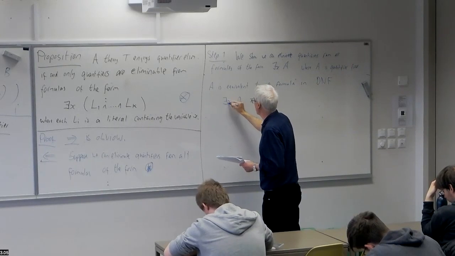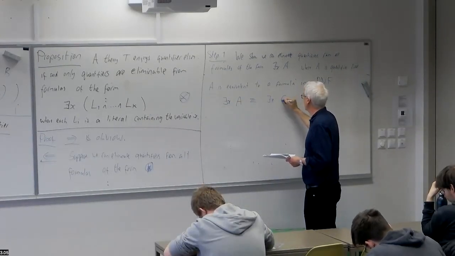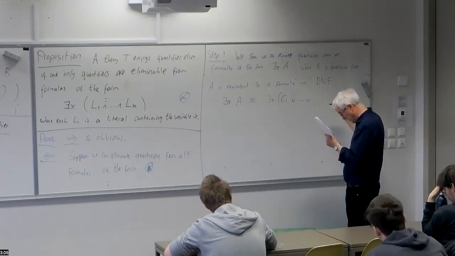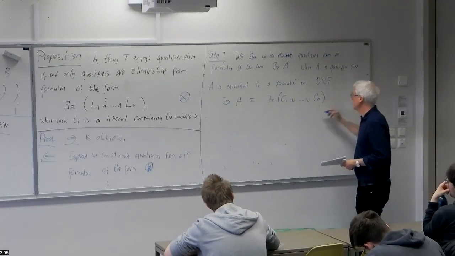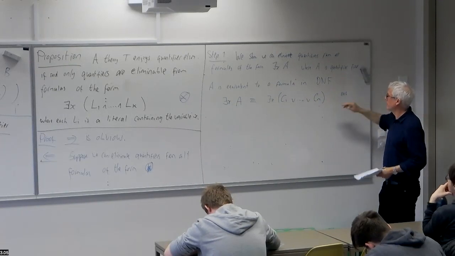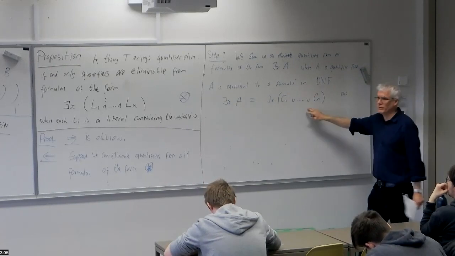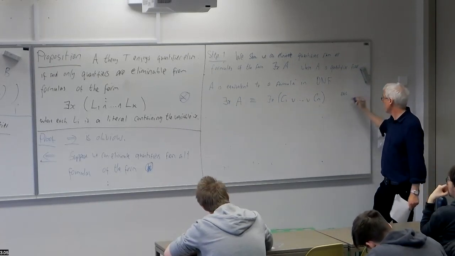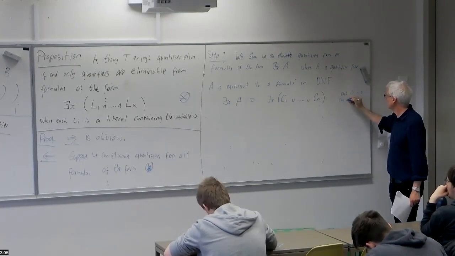Remember, disjunctive normal form says the quantifier free formula is equivalent to a disjunction of conjunctions of literals, C1 or ... or CM, where each Ci is a conjunction of literals.